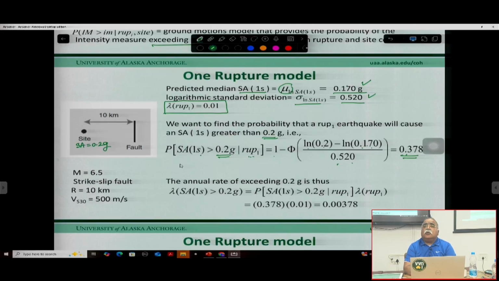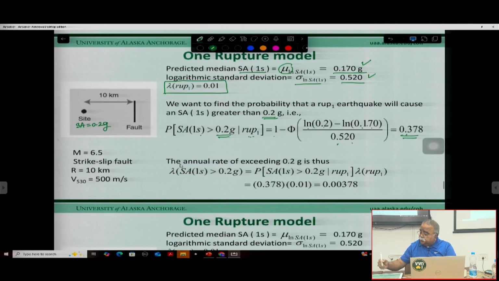So this is your norm CDF, if you can calculate, then that will be equal to 0.378, right? But we have to calculate the annual rate of exceedance of 0.2 g. So first I calculate the probability for 0.2 g, then we have to calculate the annual rate of exceedance. So that means I have to calculate lambda.